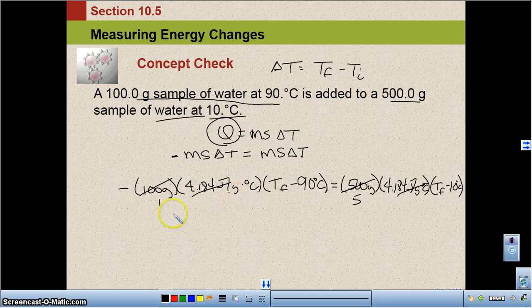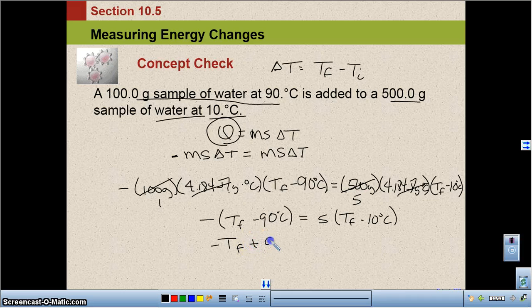So what we have left then is this negative sign. So we have negative times temperature final minus 90 degrees Celsius is equal to 5 times temperature final minus 10 degrees Celsius. And it's just simple algebra from there. So negative T sub F, and this becomes positive 90 degrees Celsius equals 5 T sub F minus 50 degrees Celsius.